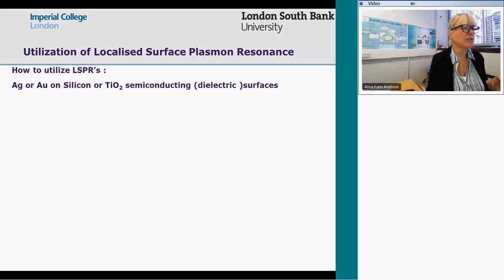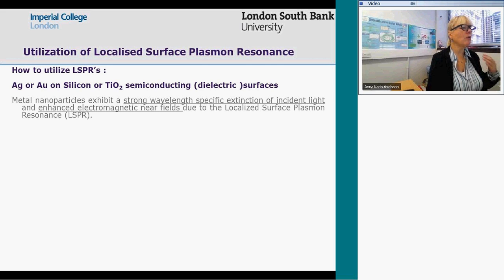semiconductor surfaces. We're taking the knowledge of how this nanoparticle exhibits a very strong wavelength-specific extinction of the incident light, and also an enhanced electromagnetic near field, the field that I just talked about.